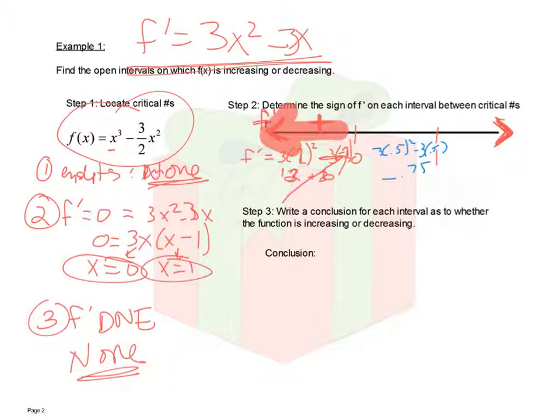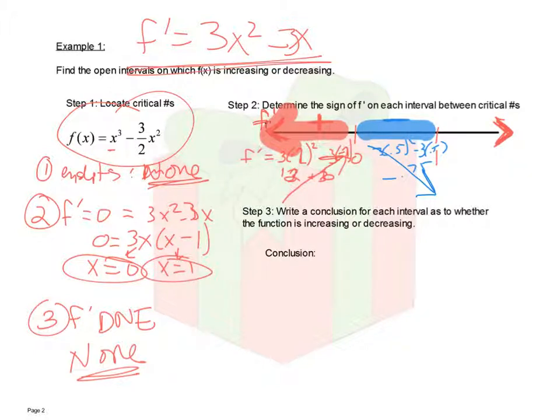It doesn't matter which number you chose. You could have chosen a fourth or 0.2 or 0.1 or whatever you wanted, but I chose 0.5. Anything on the interval gives a negative slope. So in this part of the graph, all our slopes are negative. If slopes are negative, you're going down, you're decreasing.